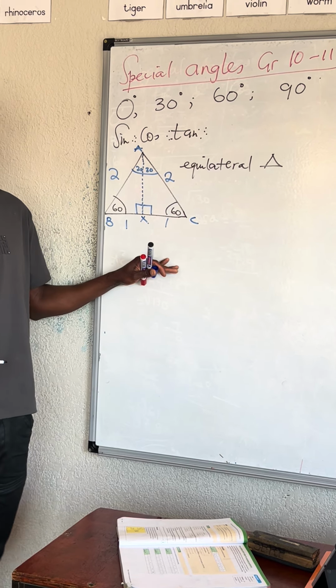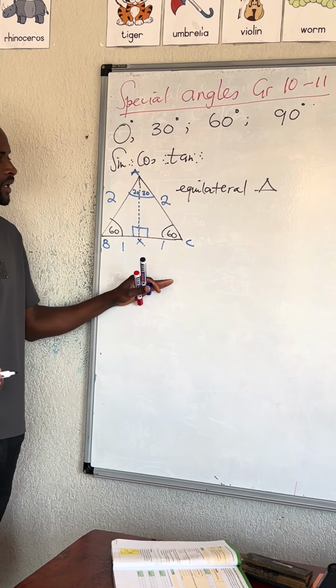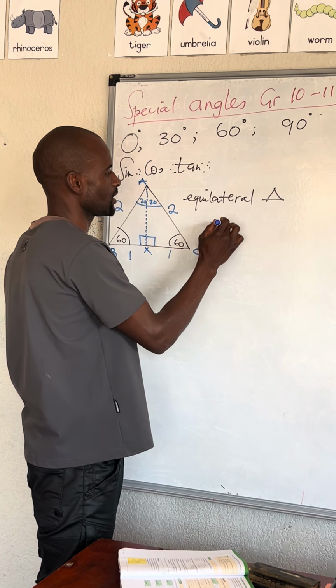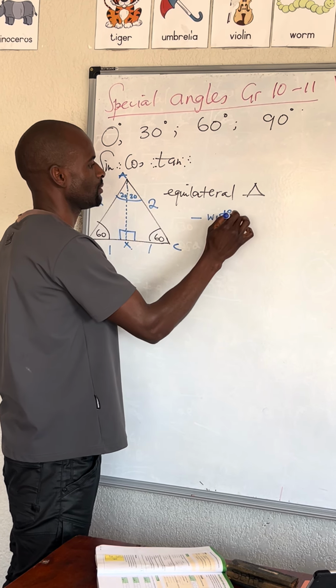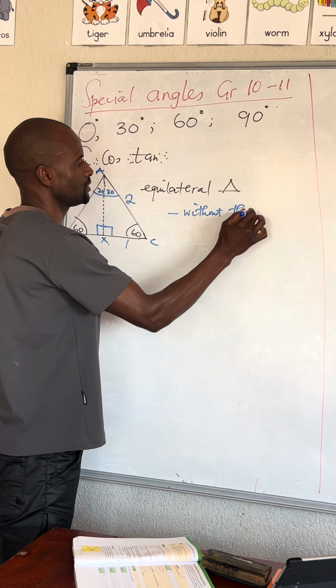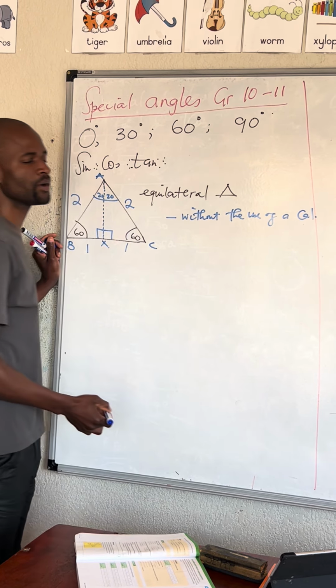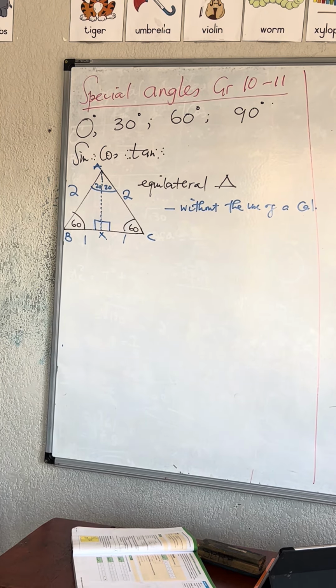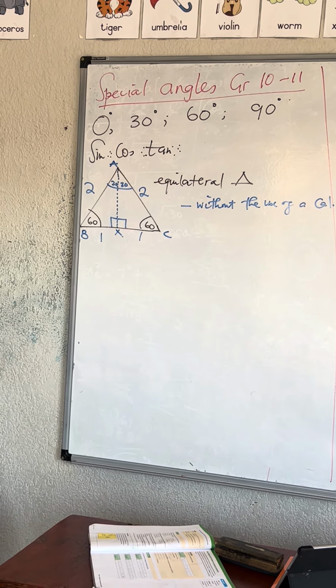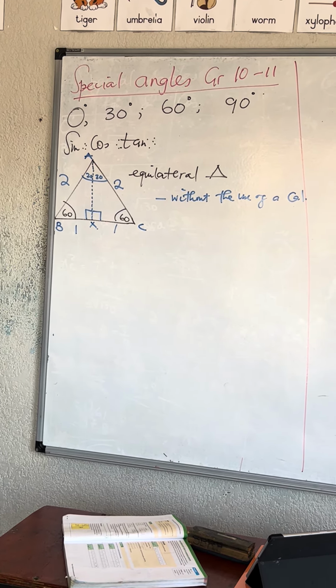Mostly we use these triangles when the question says calculate without the use of a calculator. If they say without the use of a calculator, that's when you must use an equilateral triangle.